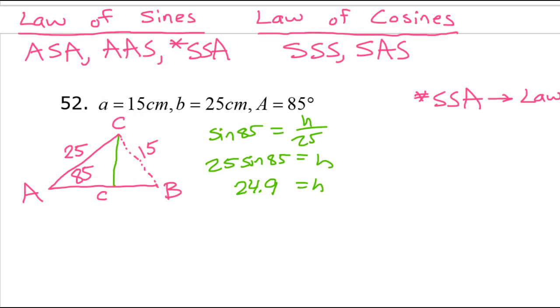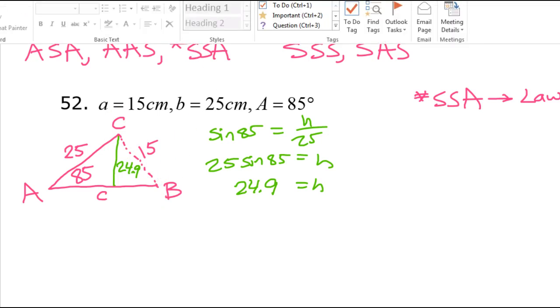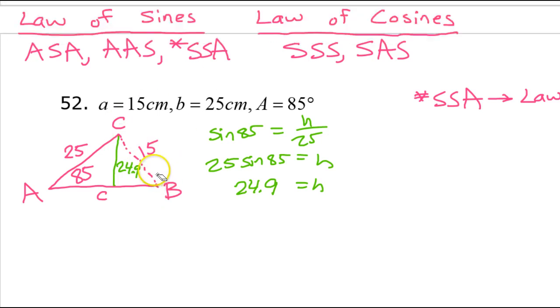look at this very carefully. If the height is 24.9, is there any way this rope is going to reach the ground? No, it's not going to reach because the rope, and that's why we drew it as a dotted line because we don't know yet, the rope is only 15.